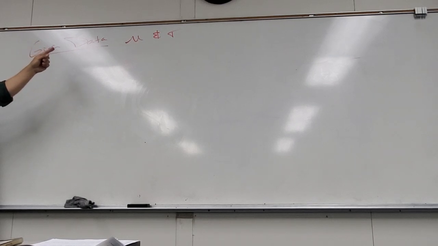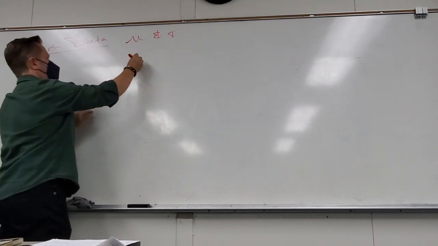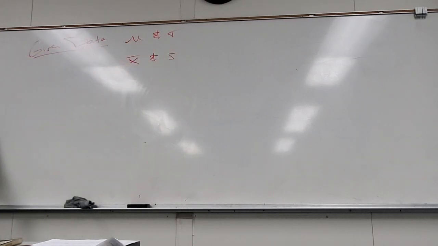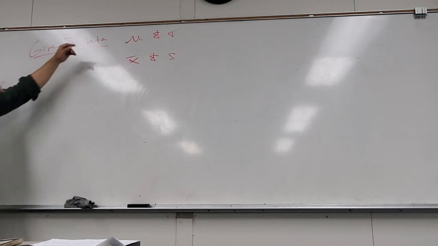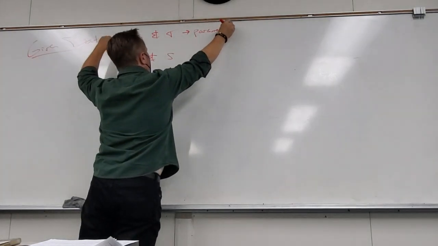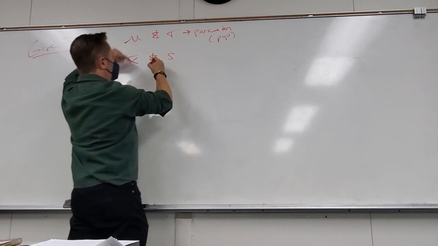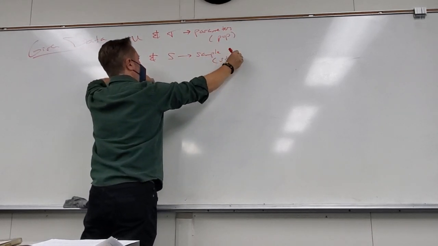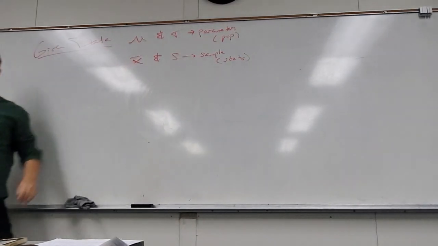What do they both describe? Versus this and this. Yeah, they're both describing a population. These are describing a population, so they're parameters. And these are describing a sample, so they're both statistics. Okay.